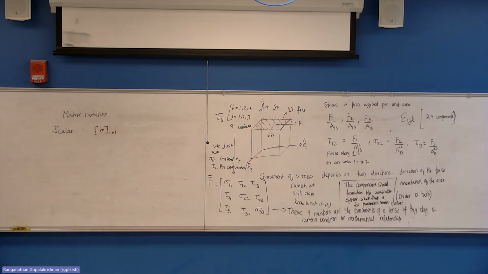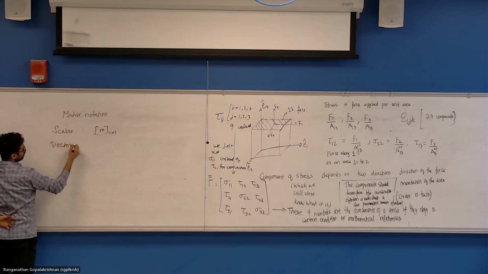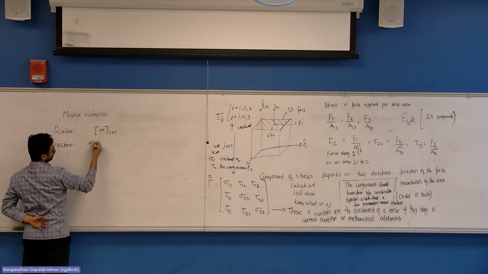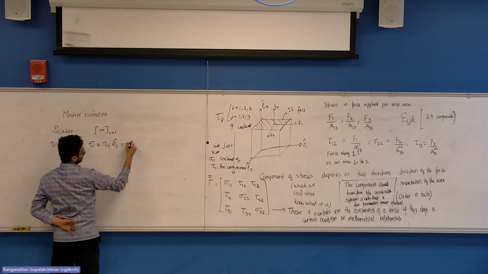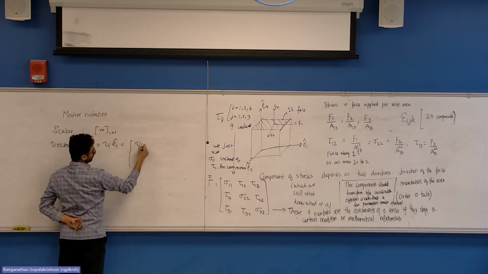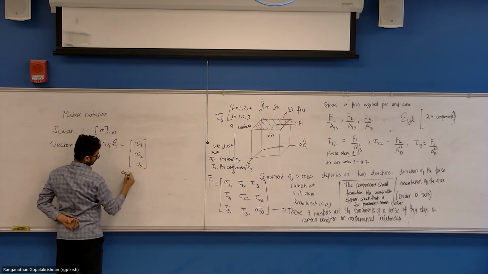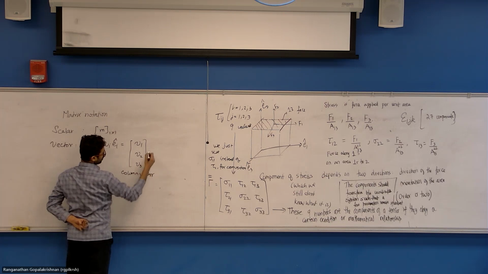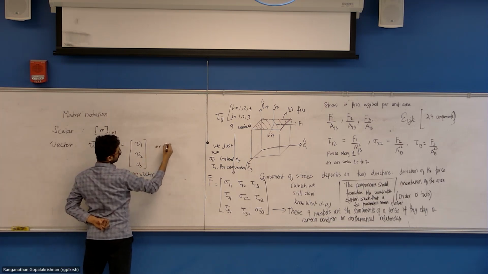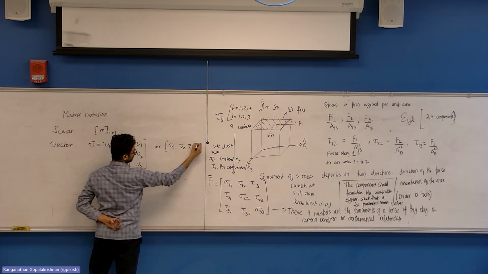It has only one number. A vector, as you know, will have 3 numbers, V equals Vi Ei, which we can write as V1, V2, V3 as a column vector, or V1, V2, V3 as a row vector.